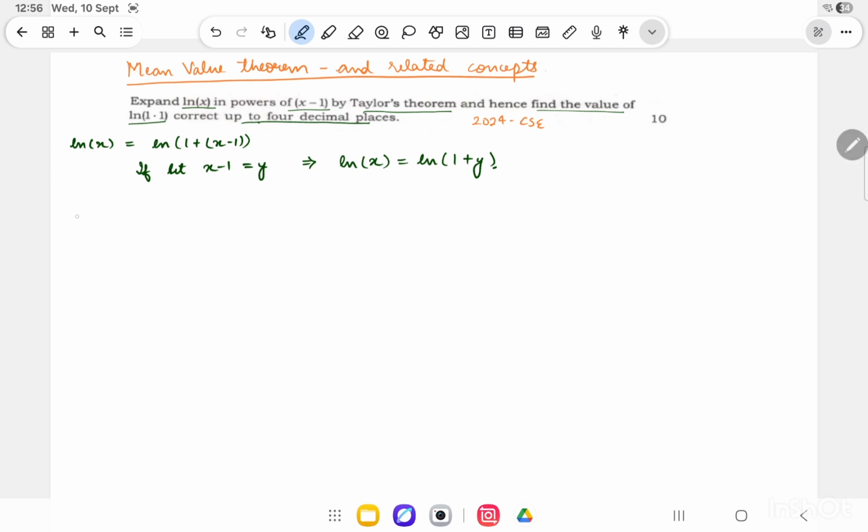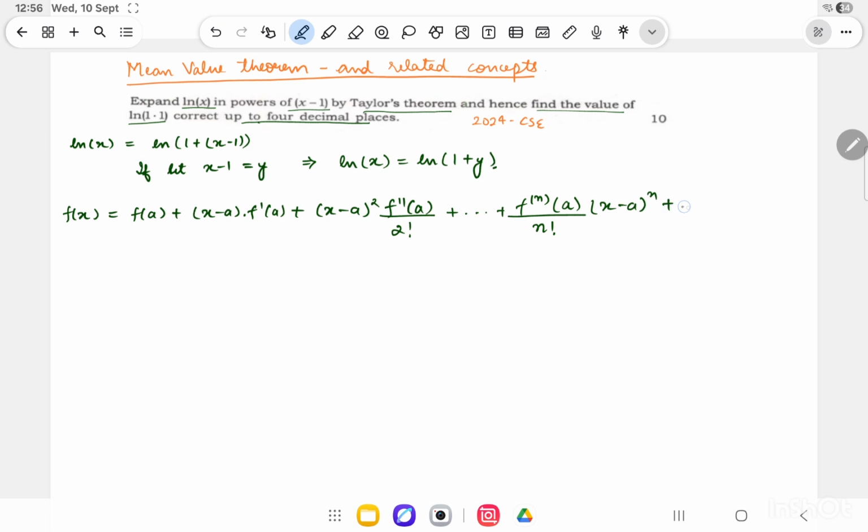So Taylor's expansion is basically f(x) equals f(a) plus (x minus a) into f'(a) plus (x minus a) square into f''(a) divided by 2 factorial, plus the nth derivative at a divided by n factorial into (x minus a) raised to n, where x lies somewhere in the neighborhood of a.